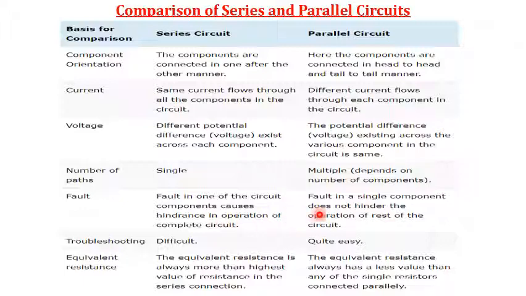Here that will not take place. Even if that component is removed, you can still run the remaining components. That means a fault in any one component will not disturb the entire operation of the circuit.